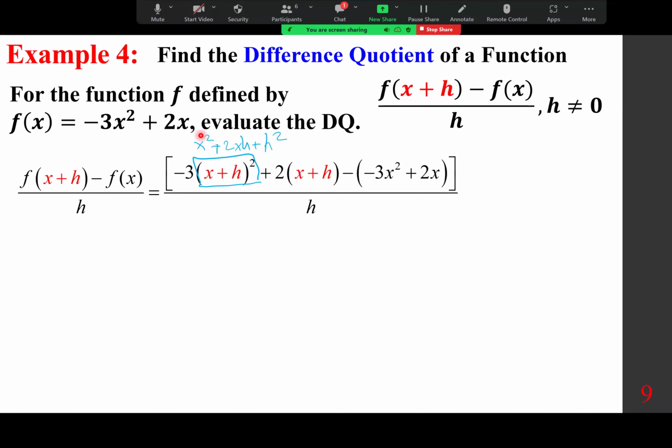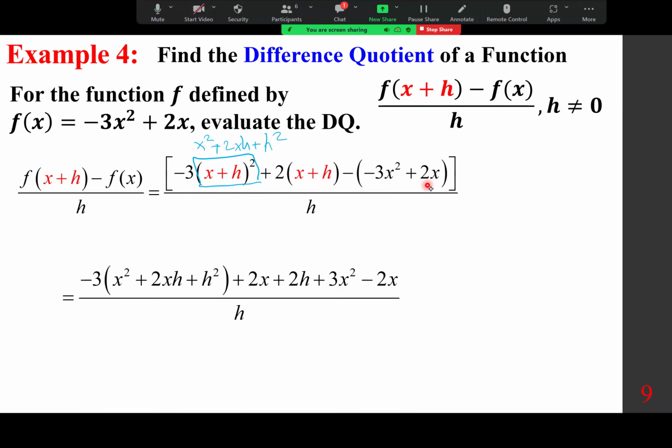We are going to distribute the negative 3, okay? And of course, this is 2 times x plus h, or 2x plus 2h. And this is going to be plus 3x squared minus 2x. So we have this one here.